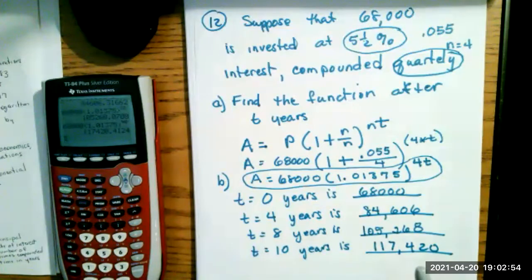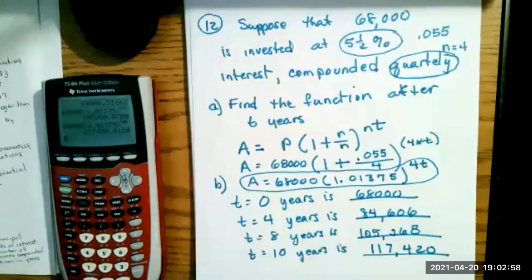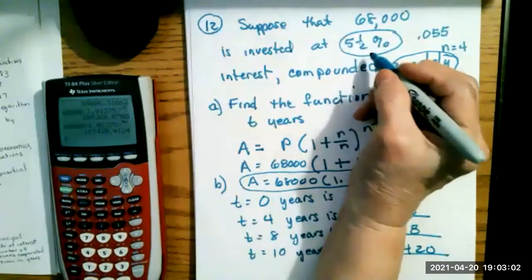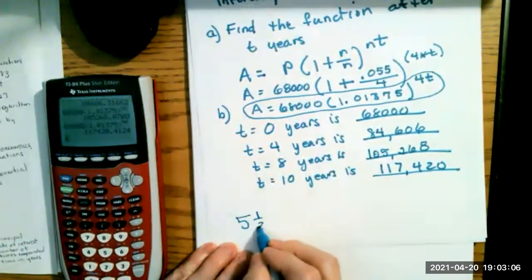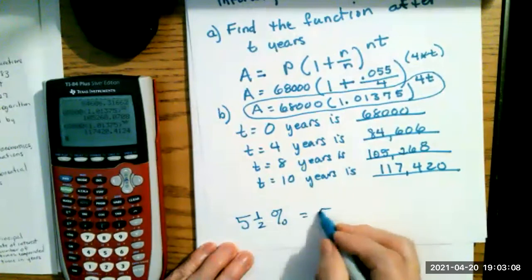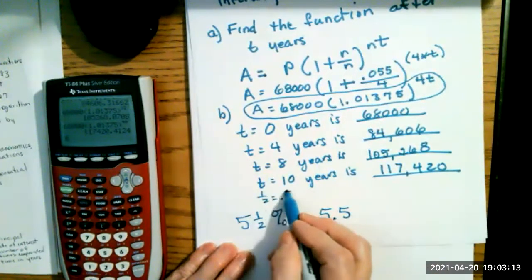That's great. Okay. Dr. Sullivan, how did we get the 0.055? Oh, okay. This 5.5%, we'll write it down here. 5.5% is really 5.5 because 1/2 equals 0.5.